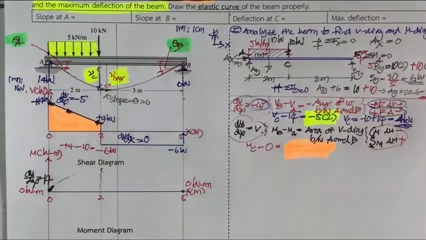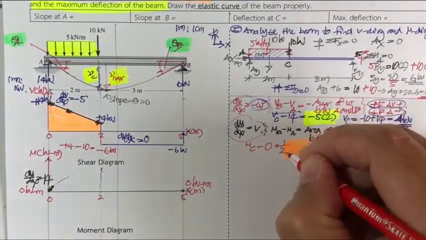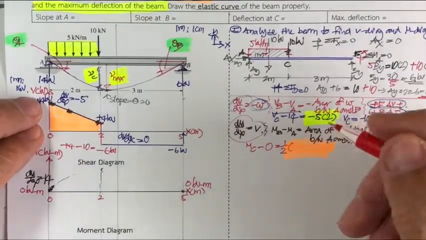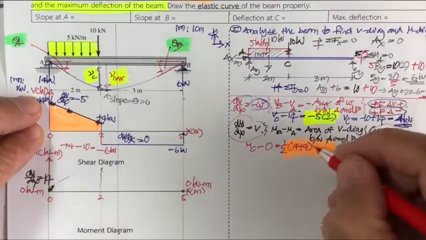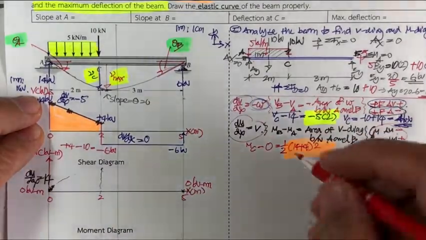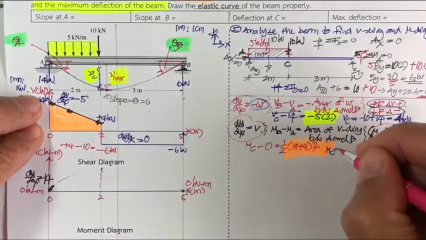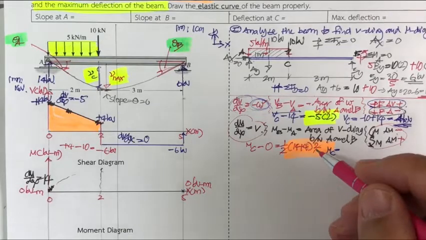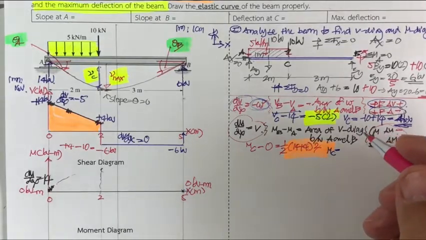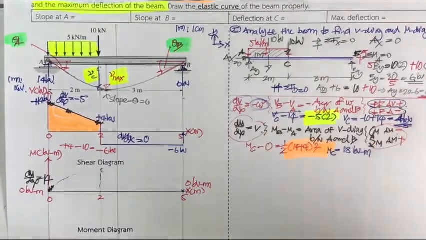What's this area? This area of what? 1/2 of 14 plus 4, times 2. That's going to be M sub C. M sub C is going to equal 14 plus 4, that's going to be 18 kilonewton meter.